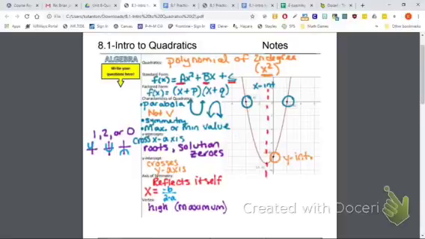When it's the lowest, this is what we call a minimum. How we get the vertex: we are going to plug our axis of symmetry back into the original equation.